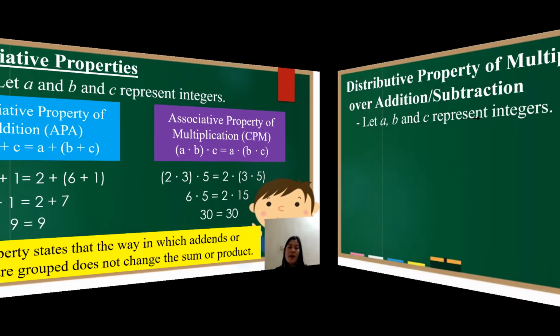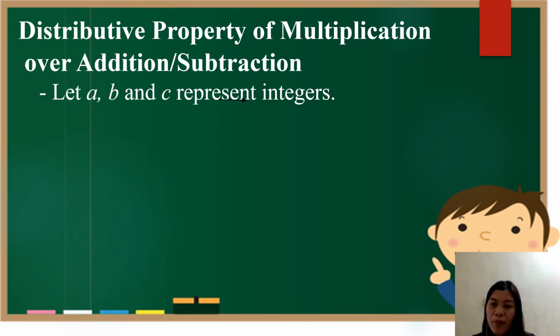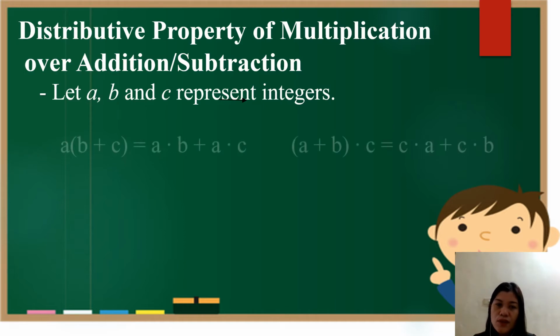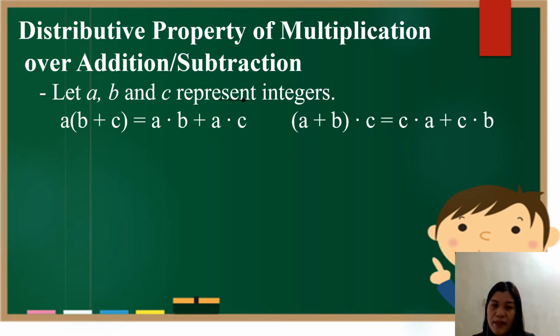Another one is the distributive property of multiplication over addition or subtraction. Let A, B, and C represent integers. So A times (B plus C) equals A times B plus A times C. And (A plus B) times C equals C times A plus C times B. So as you can see, we distribute this.